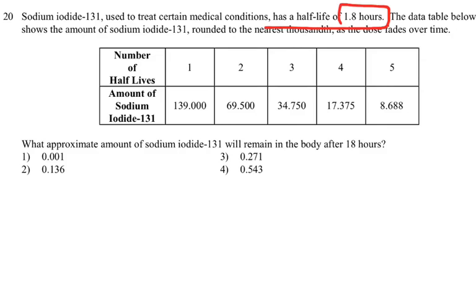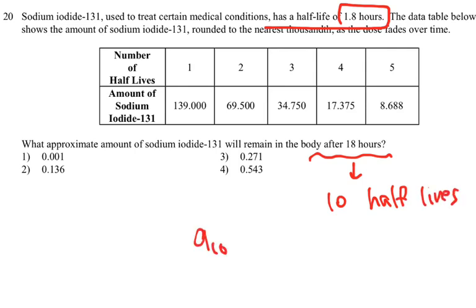Number 20. Now it says half-life is 1.8 hours. Then we have a table of values that shows the relationship here. The fact that we're looking for after 18 hours, what does that mean? That means it's 10 half-lives.